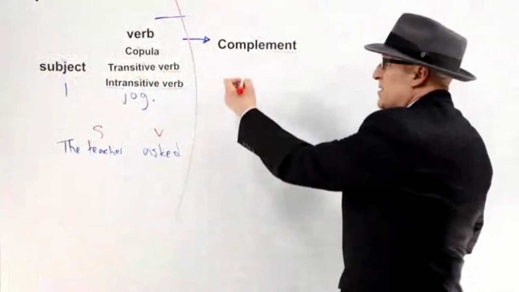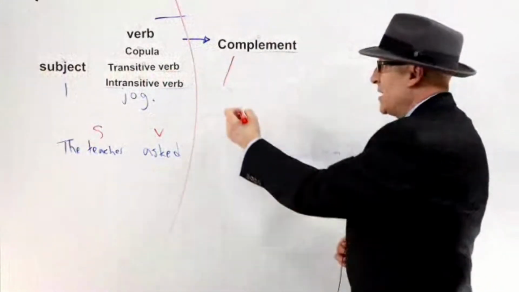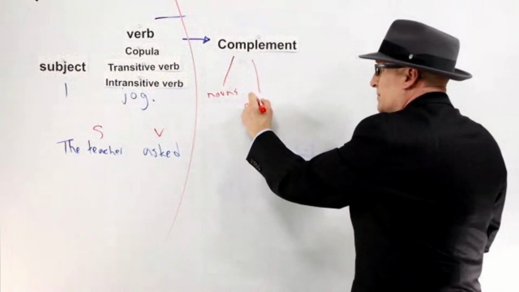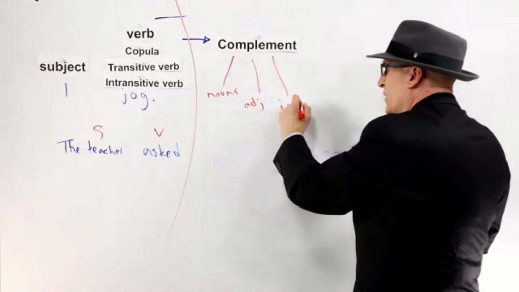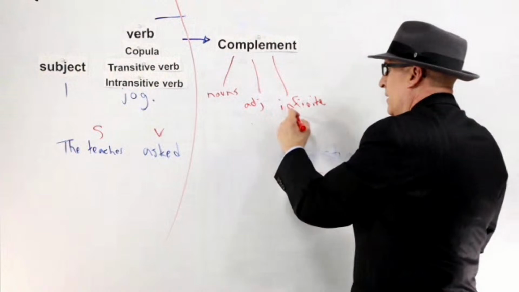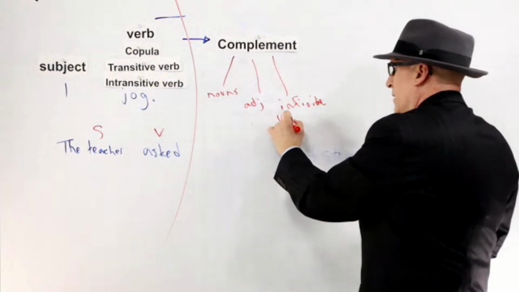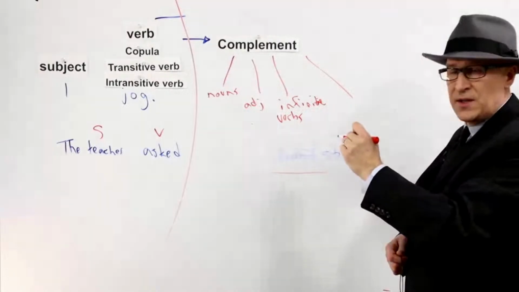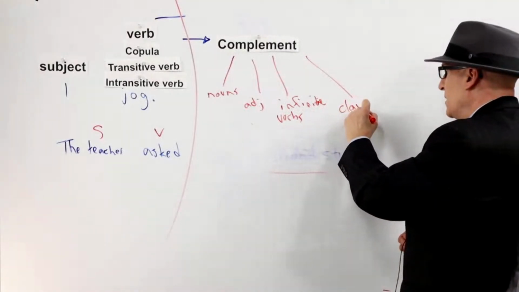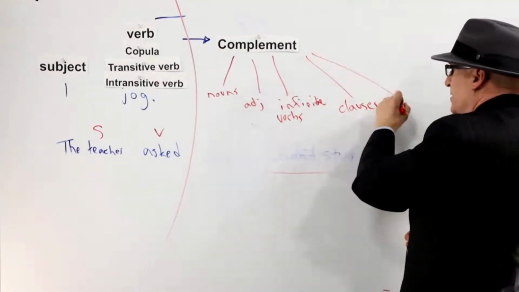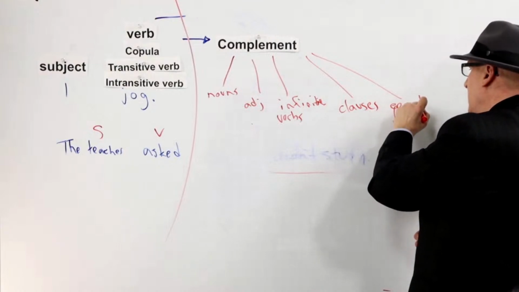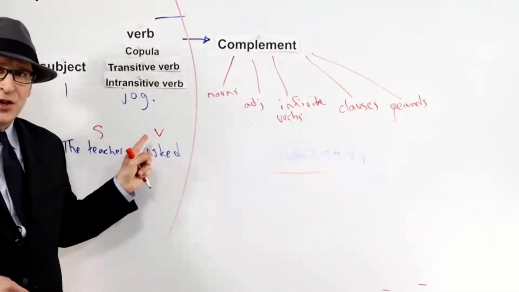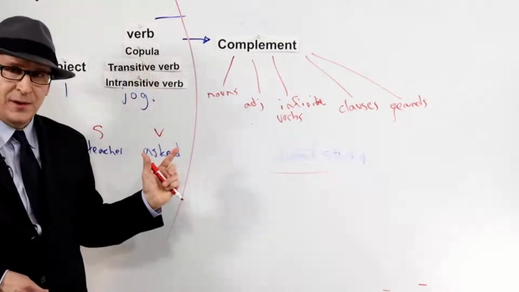Right? Complements, we've already seen. Complements can be nouns. They can be adjectives. They can be infinitive verbs. They can be, what else did we see? We saw clauses, gerunds. They're all complements if they're doing the job of completing the meaning of the verb.